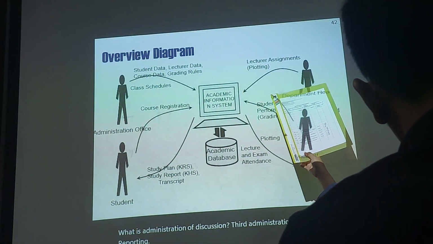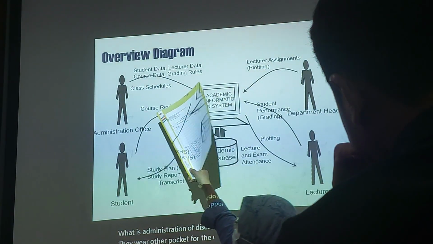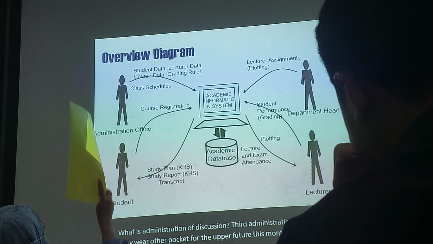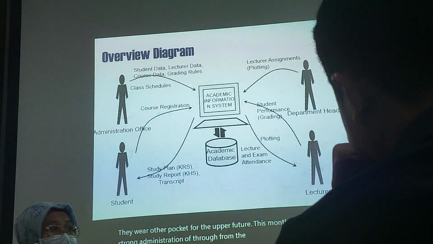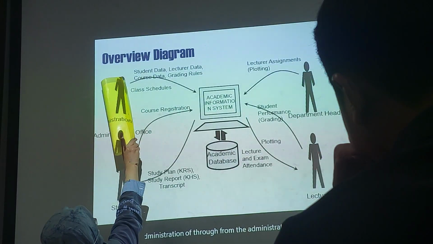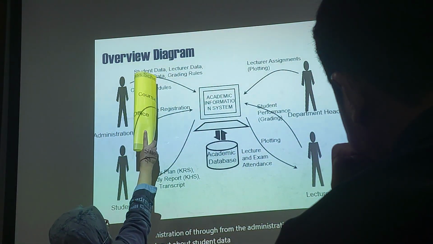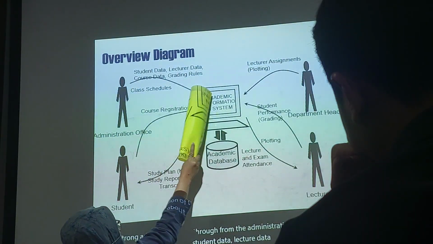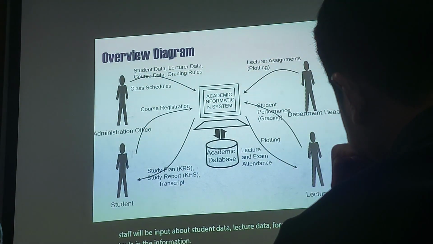For the overview diagram, we can start from the administration office. The administration office staff will input student data, lecturer data, course data, and rating rules in the academic information system.